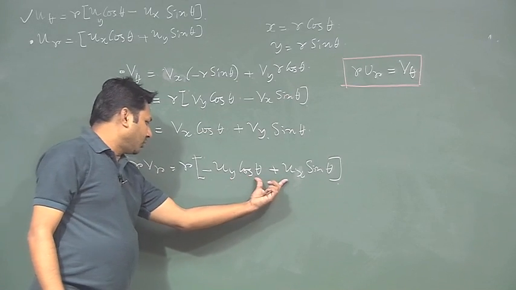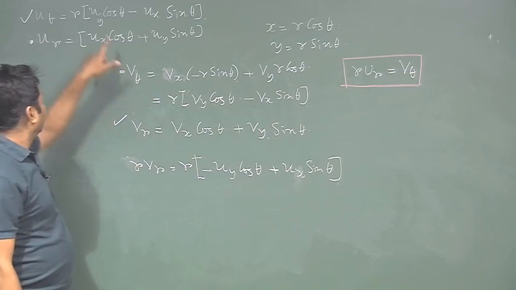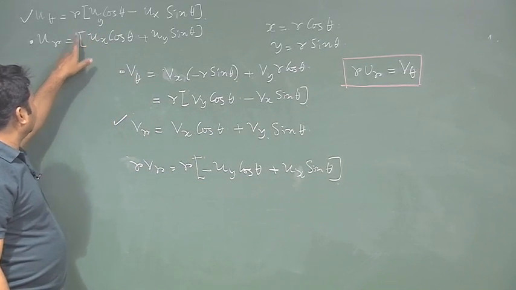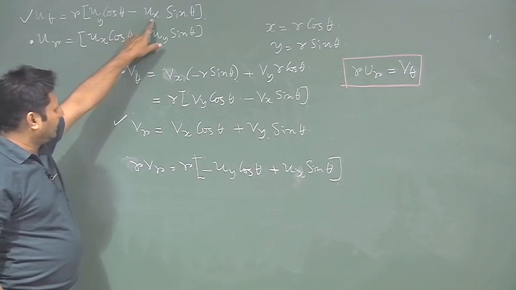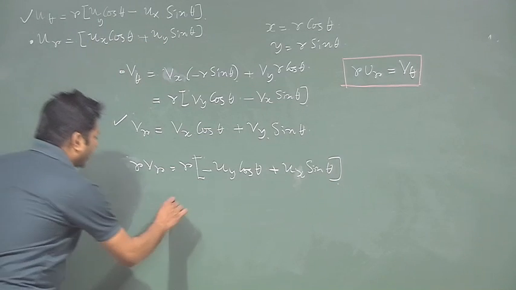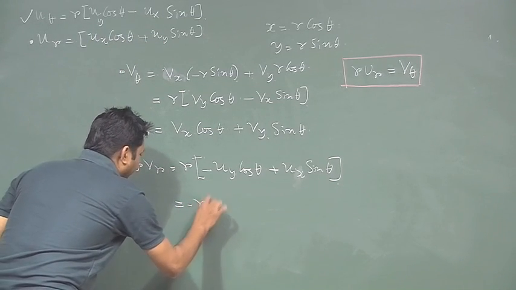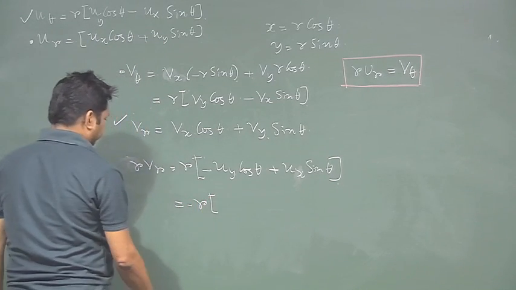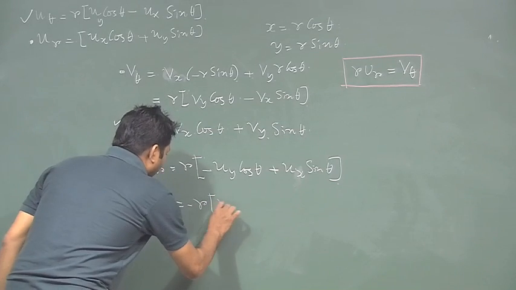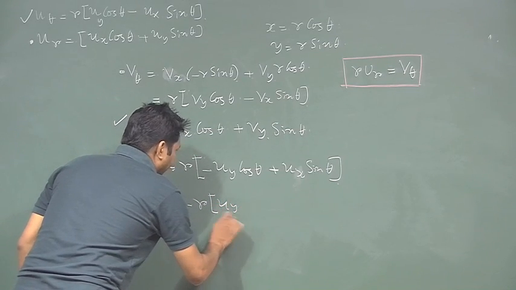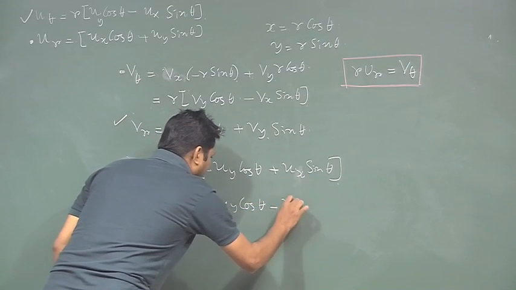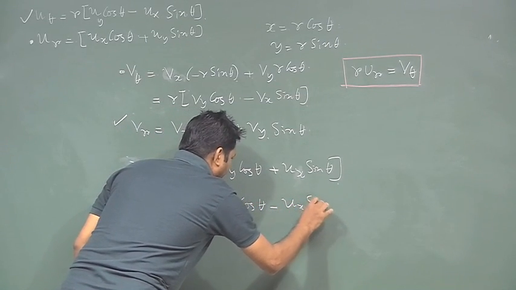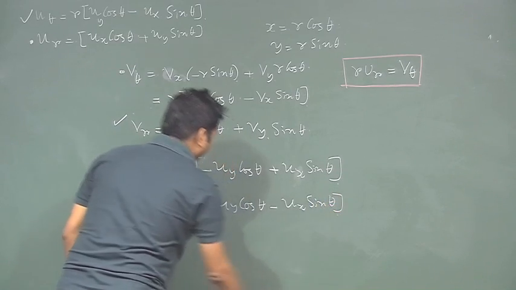If I do that, this quantity is here u y cos theta and u x with a negative sign. So, I can write it like minus of r, u y cos theta minus u x sin theta.